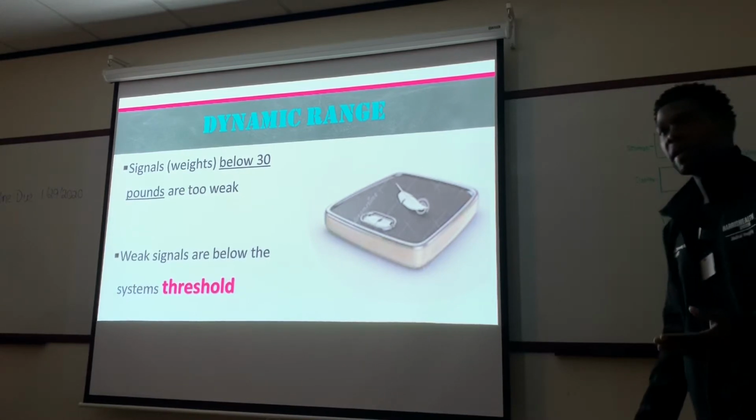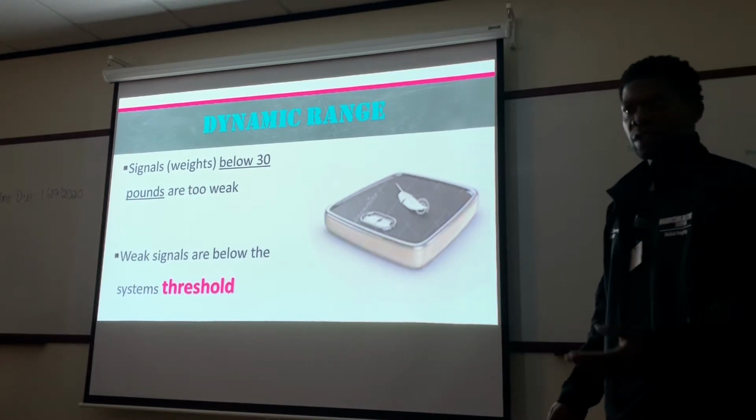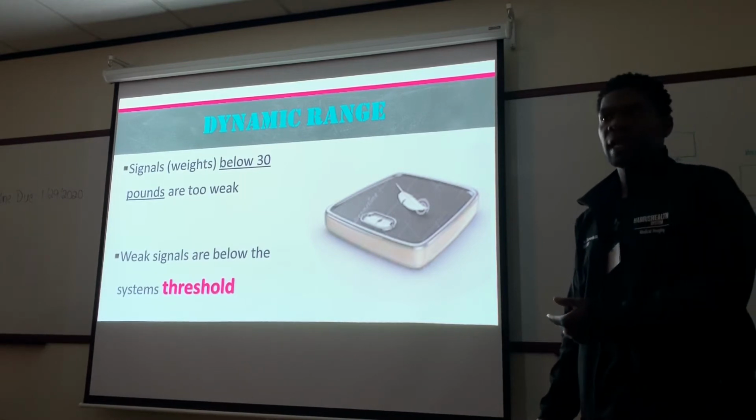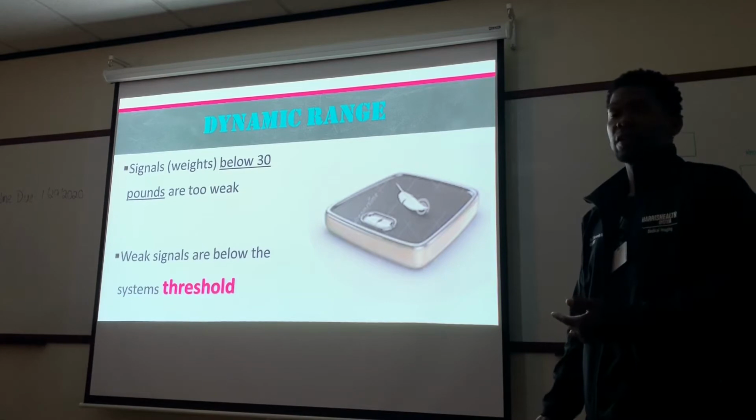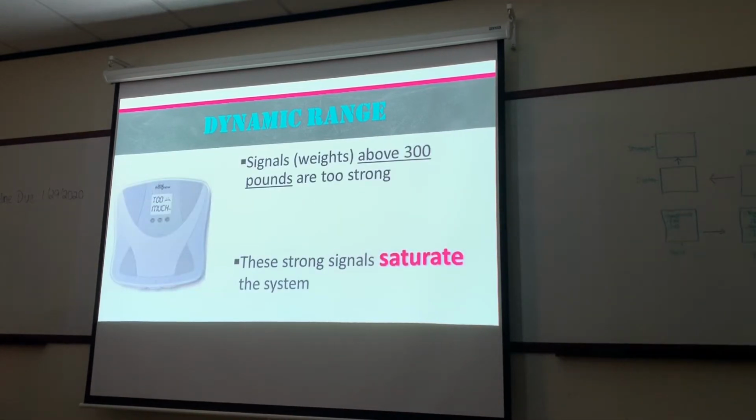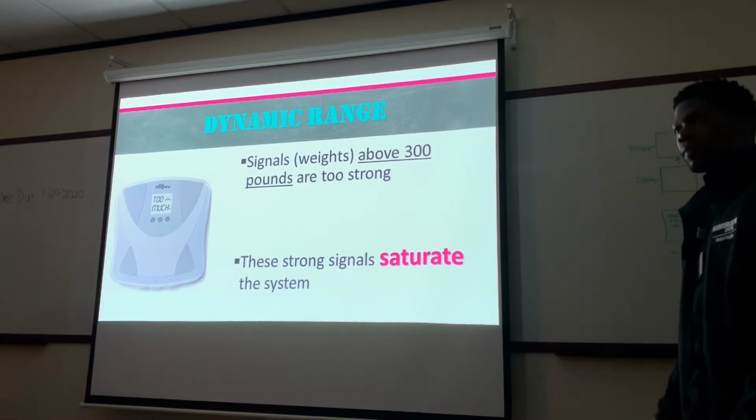It hasn't reached the minimum magnitude to be recognized on this scale. It may come up as an error if you're too light. Same thing, it may come up as an error if you're over 300 pounds. Signals above 300 pounds are too strong, too much. These signals saturate the system.